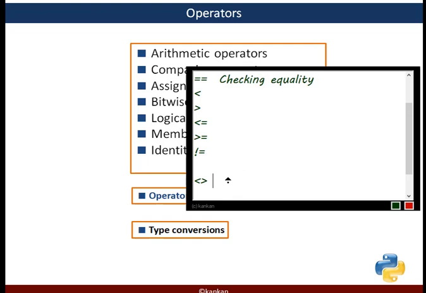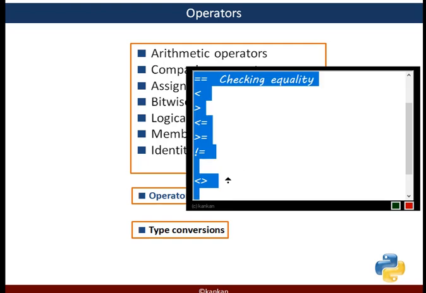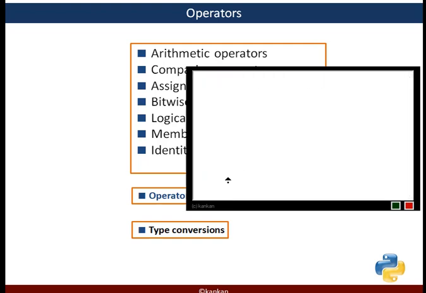Now I have a question for all of you. I am giving an expression: A less than B, and this is less than or equal to C. What does it mean?